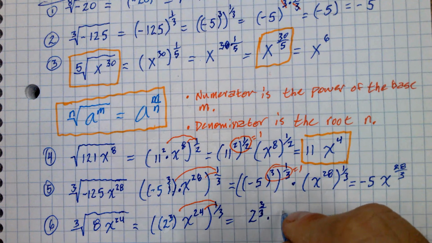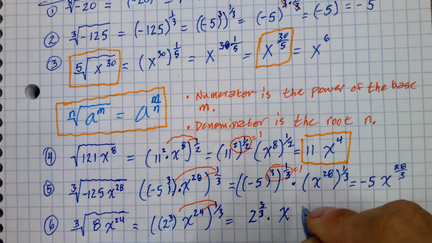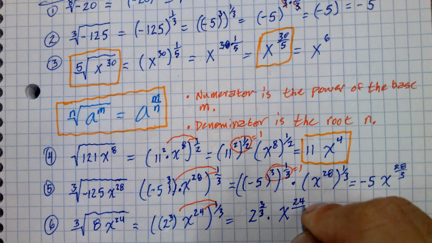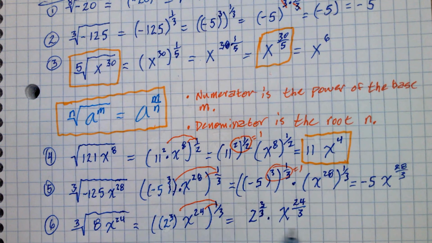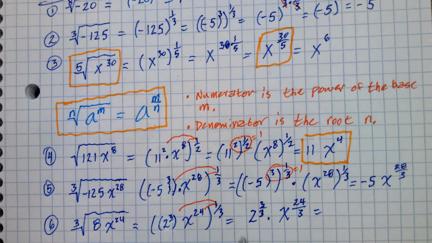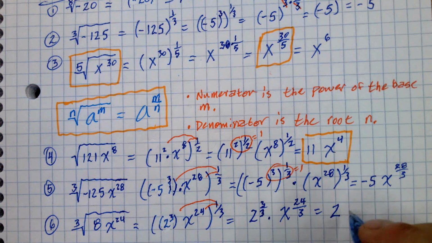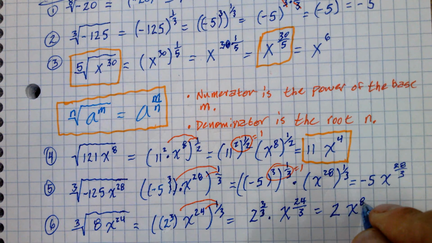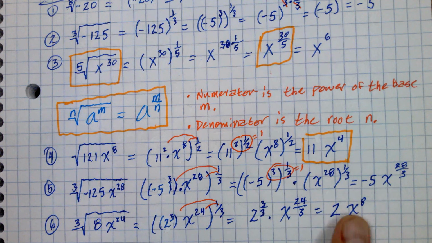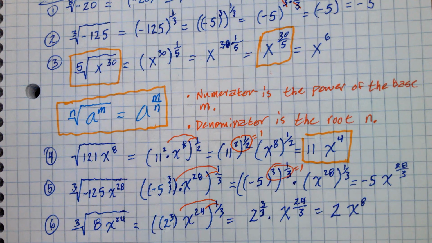And then we have x to the 24 over 3, 24 times 1/3. Let's simplify those. 2 to the 3 over 3 is 2 to the 1, which is 2. What's 24/3? 8. x to the 8. And that's our answer, 2x to the 8th. Okay. We're going to practice 2 of these on delta.